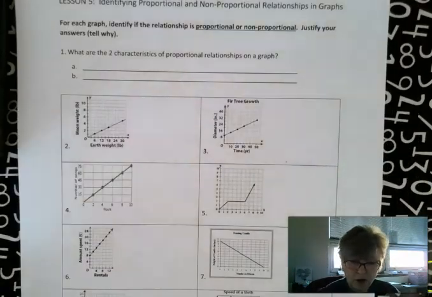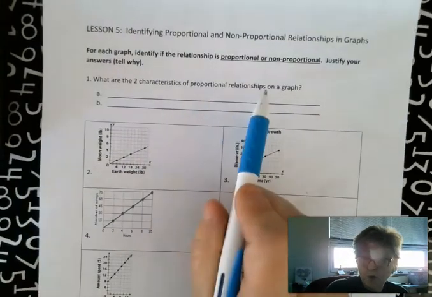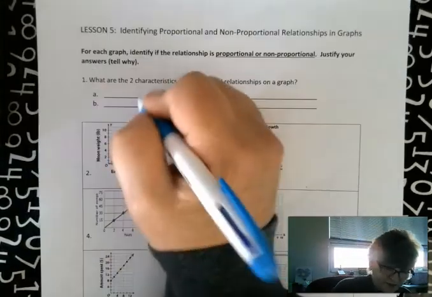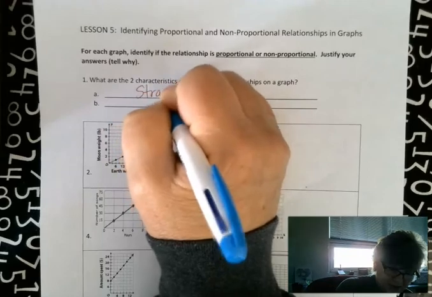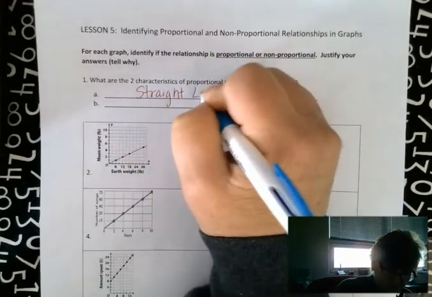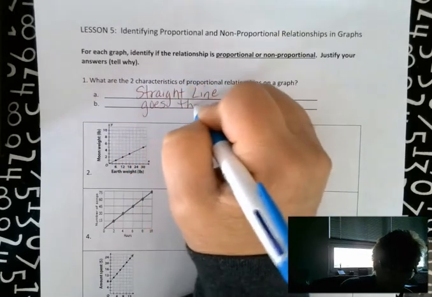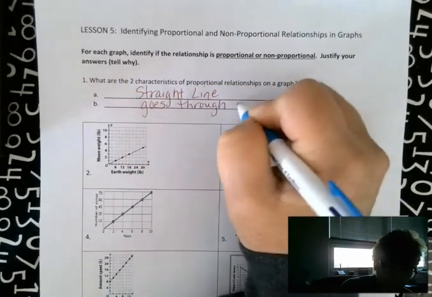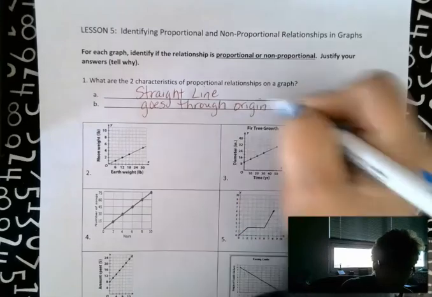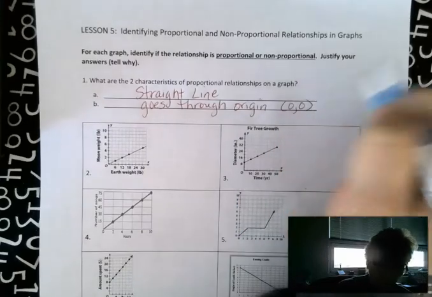So as a quick wrap up, I just want to again review. The characteristics for proportional relationships on a graph is it's got to be a straight line and it goes through the origin, which is 0, 0.